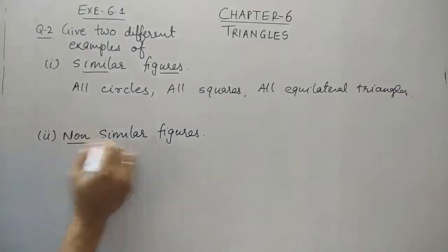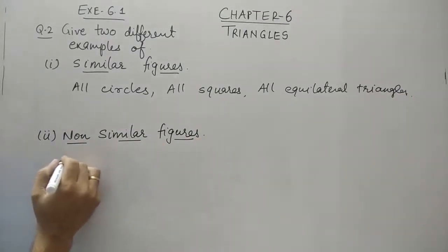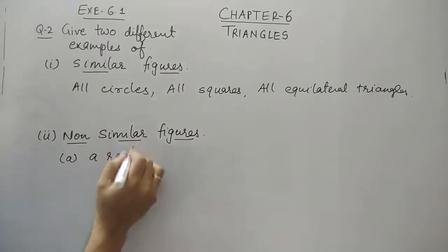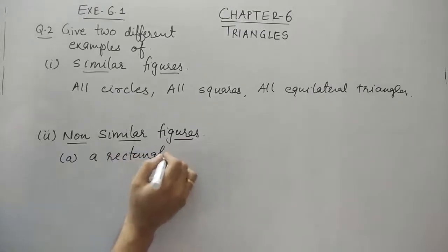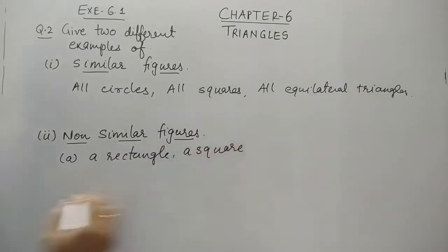Now next we have to give the answer for non-similar figures. So we can give the first example, a rectangle and a square. As we discussed earlier, they are non-similar figures.